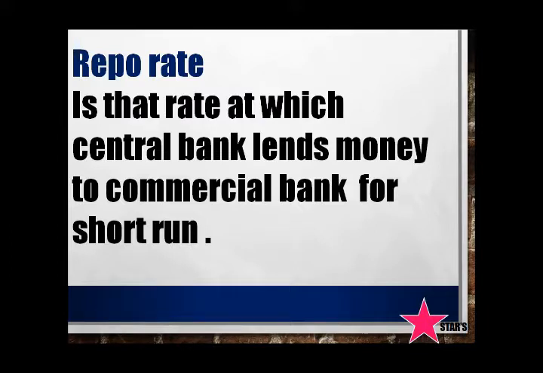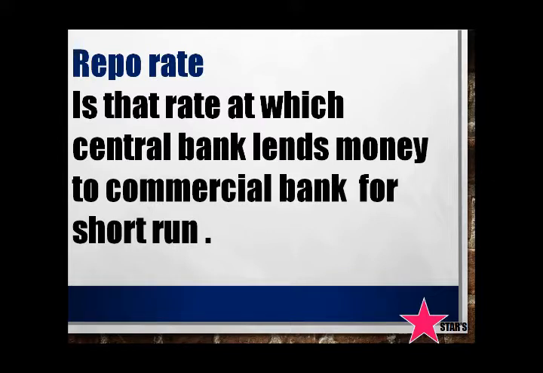Now, I will also tell you what are the measures we take during inflation or during deflation. To correct the situation of excess demand or inflationary gap, repo rate is increased. Therefore, commercial banks also raise the rate of interest. This reduces demand for credit. Therefore, aggregate demand will also reduce and excess demand will be corrected.